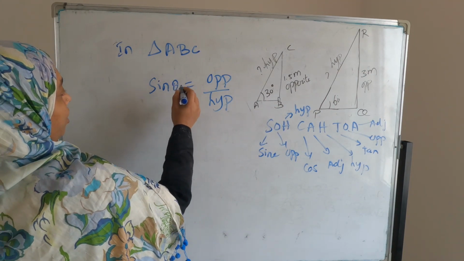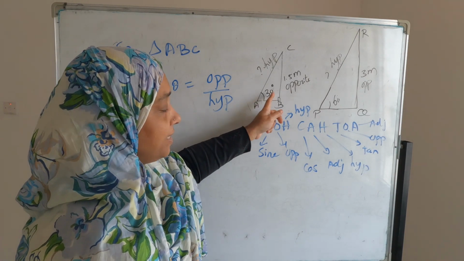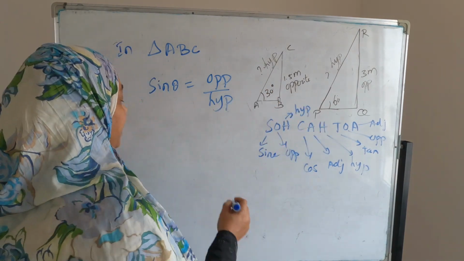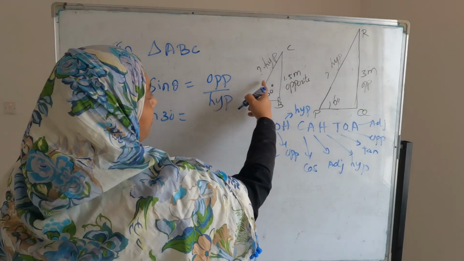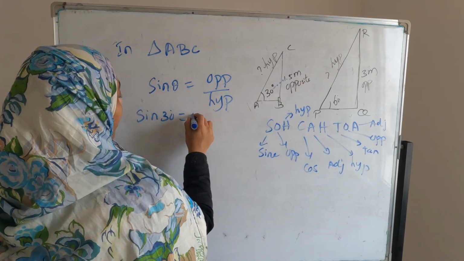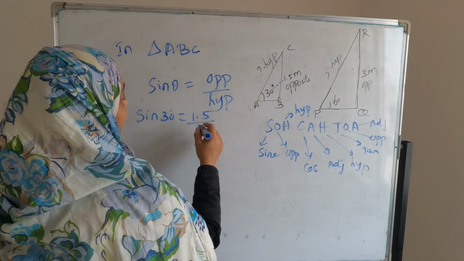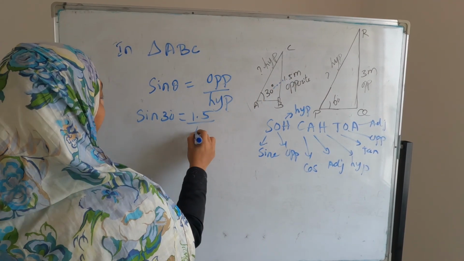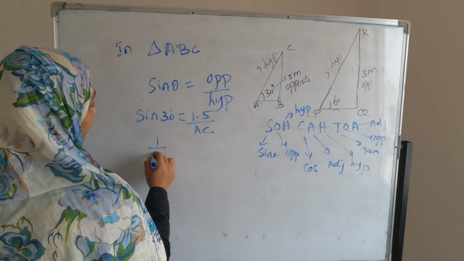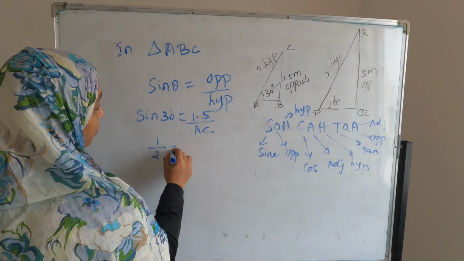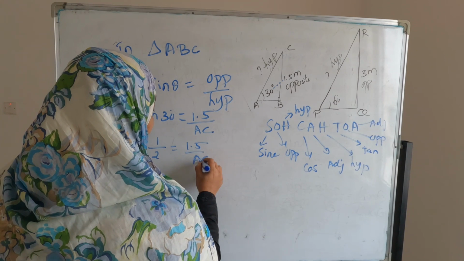So sin theta is opposite by hypotenuse. The theta value is 30 degree, so sin 30 degree. The opposite side is 1.5 and the hypotenuse is AC, which we have to find. Sin 30 degree is 1 by 2, so 1 by 2 equals 1.5 by AC.